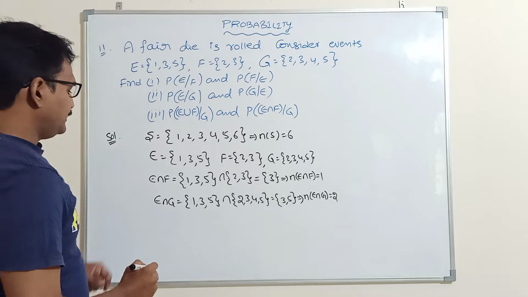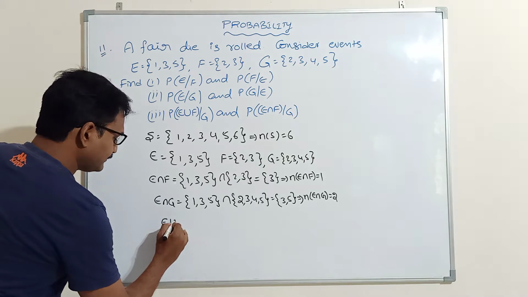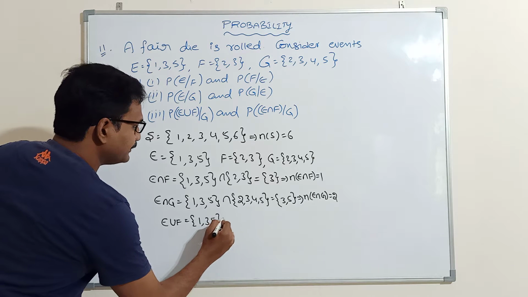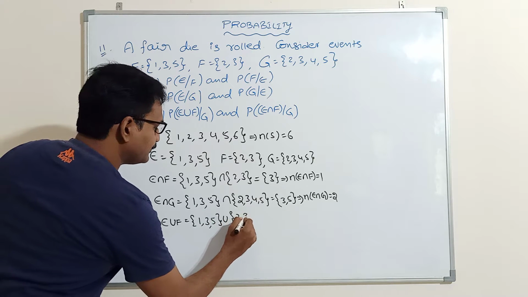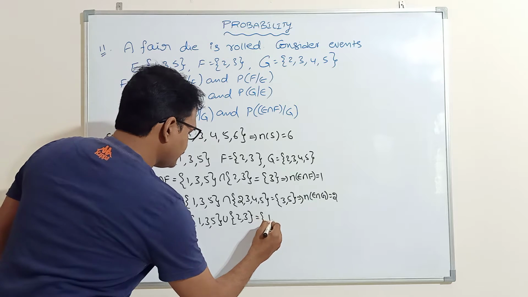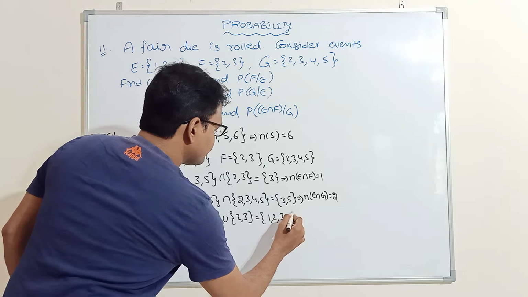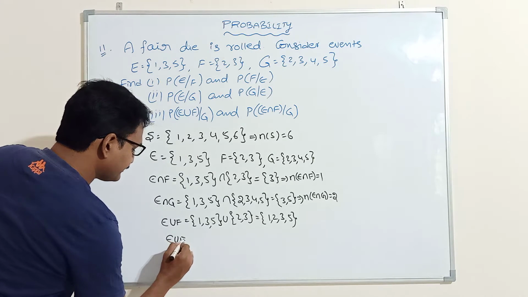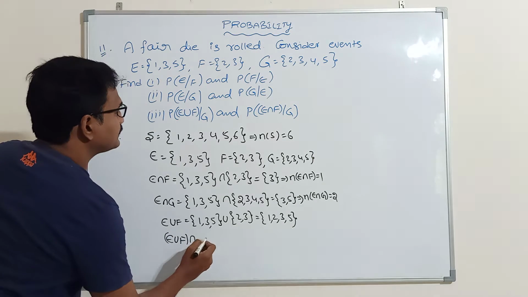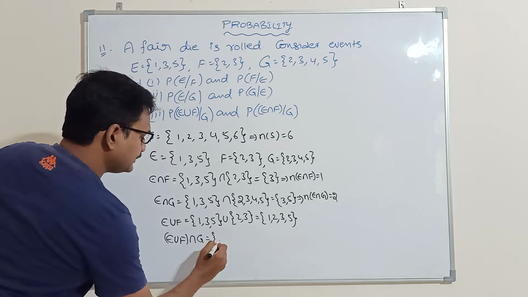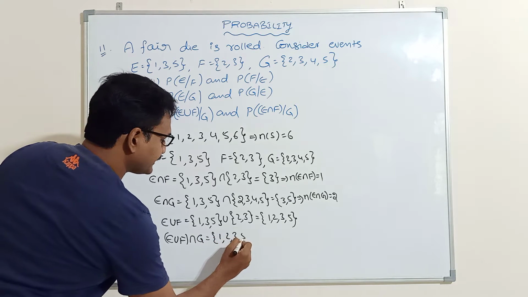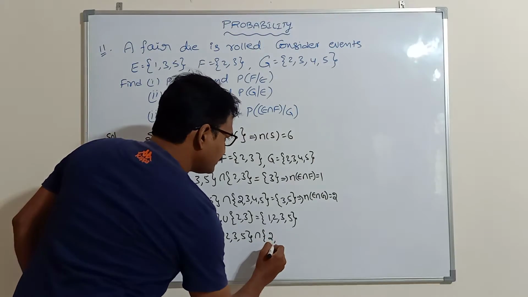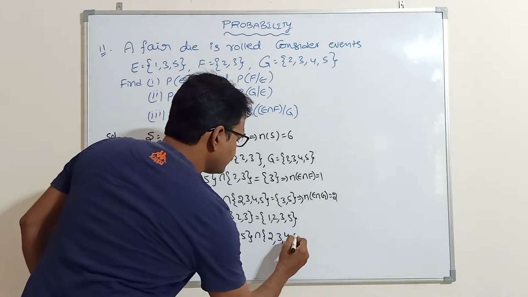Next, E union F. E is {1, 3, 5}, union F is {2, 3}. Then E union F is {1, 2, 3, 5}. Next, E union F intersection G. E union F is {1, 2, 3, 5}, intersection G is {2, 3, 4, 5}.